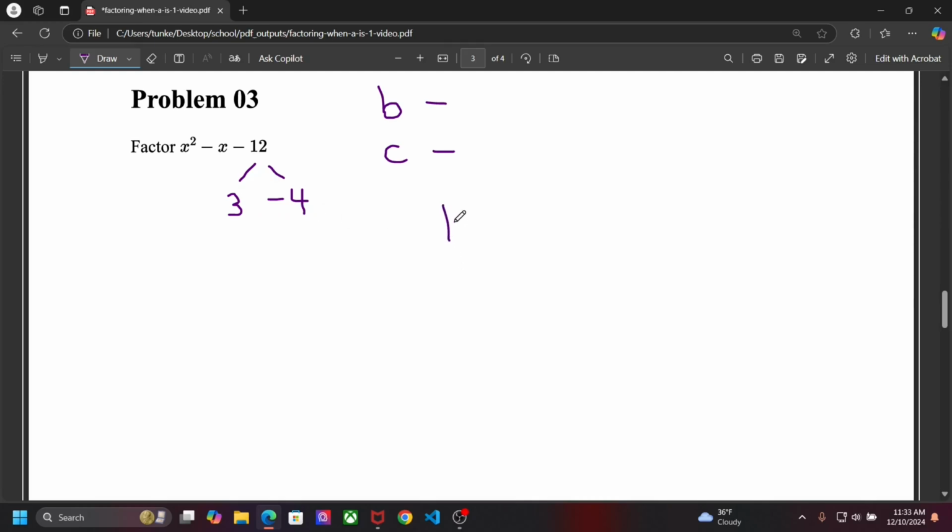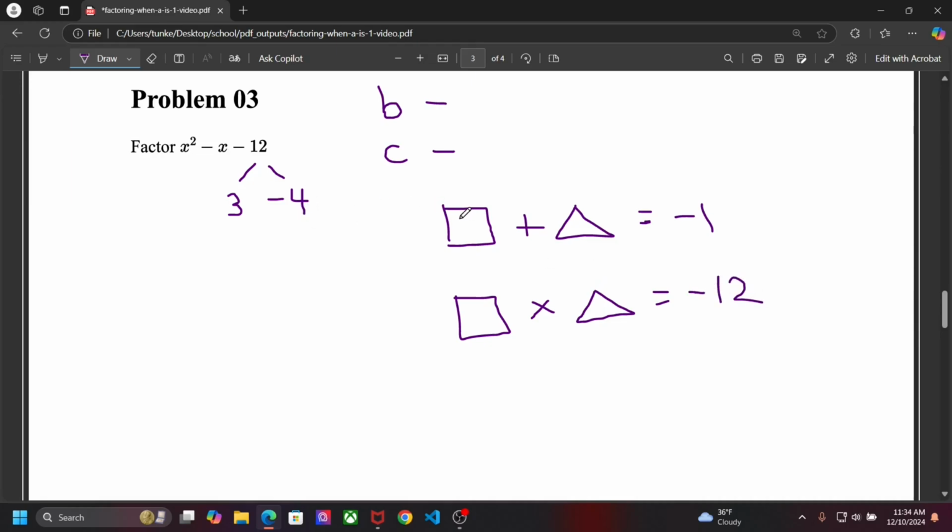And again, if I'm thinking like boxes and triangles here, I want them to add to -1. And then if I'm thinking it this way, I want them to multiply to -12.